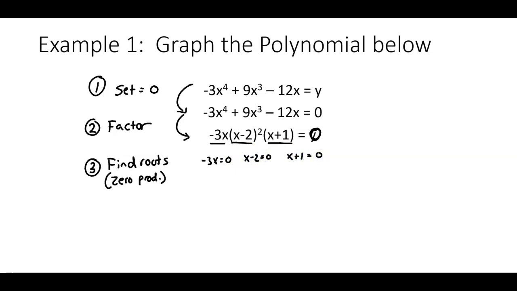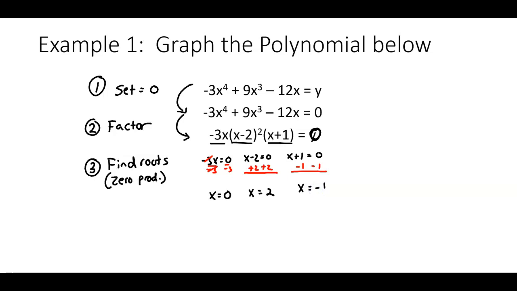If I solve this first one here, dividing both sides by -3, I end up with 0. For the next one, if I add 2 on both sides, I end up with 2. And for the next one, if I subtract 1 on both sides, I end up with -1. So those are my roots.